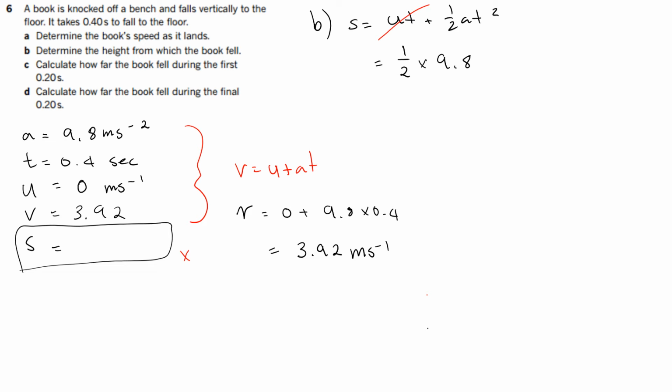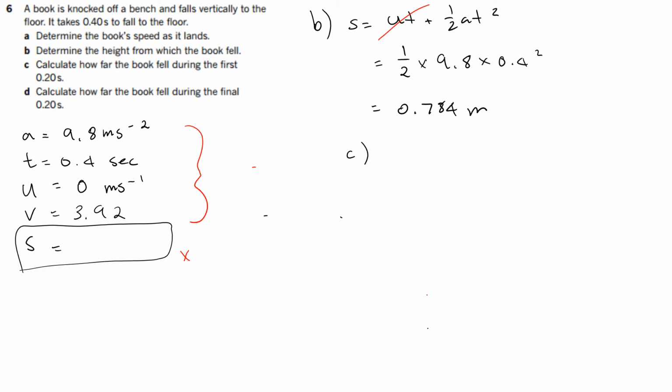Acceleration is 9.8 times t, which is 0.4 squared, and this is equal to 0.784, and that's in meters. So that's part B.